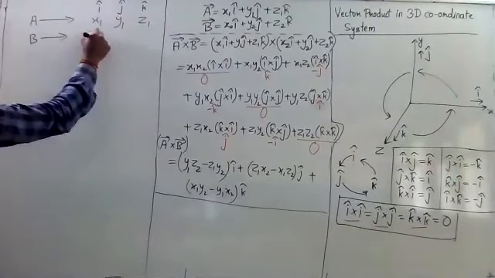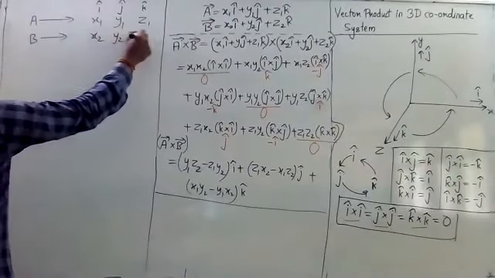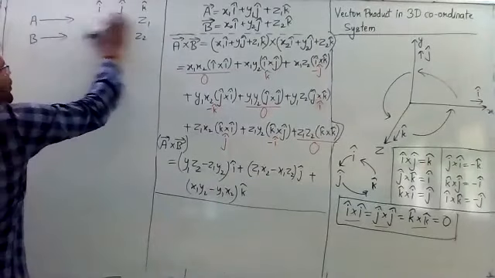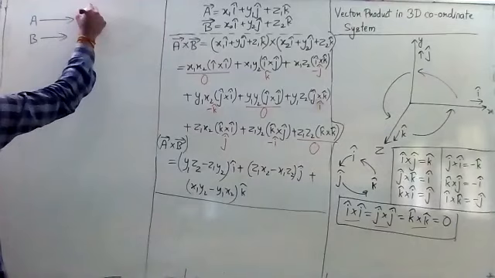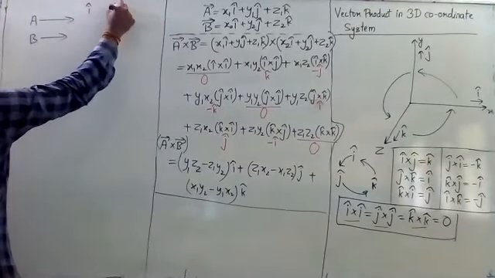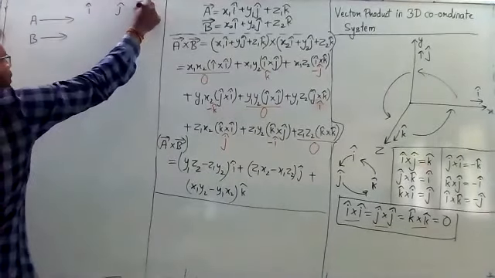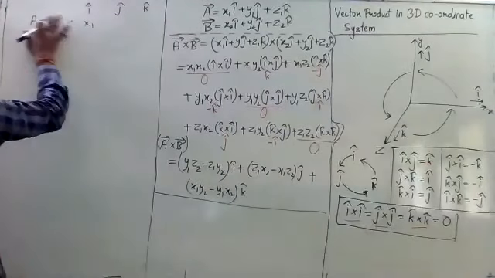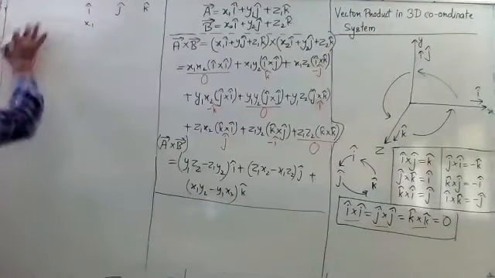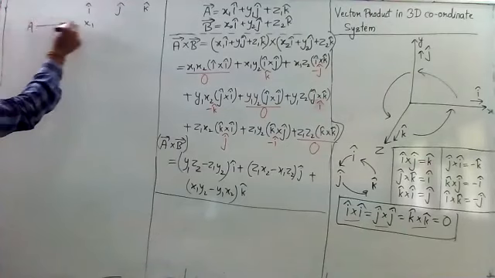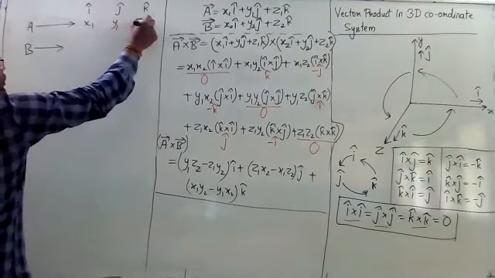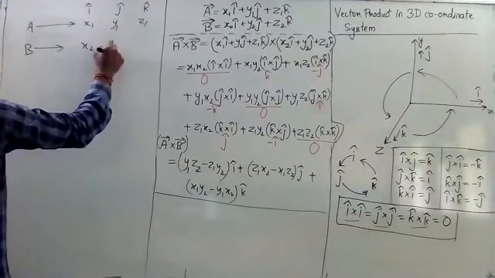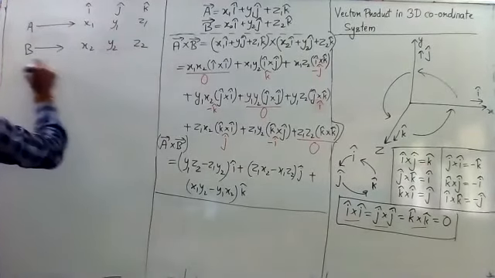For B, X2, Y2 and Z2. Let's write it in a bit expanded form: I cap, J cap and K cap.